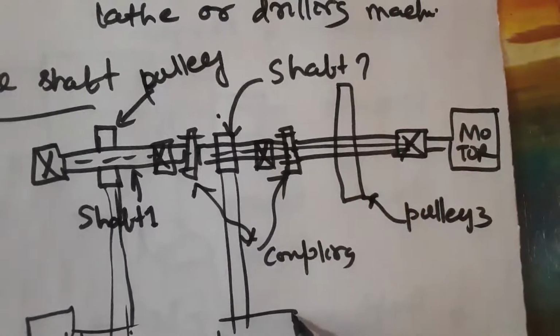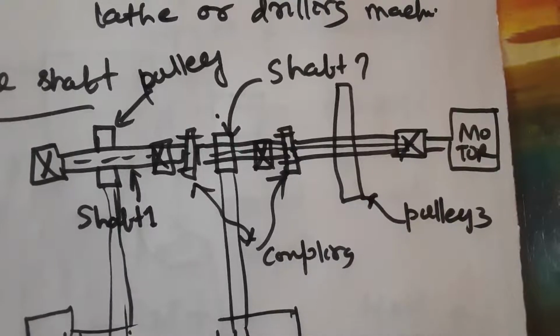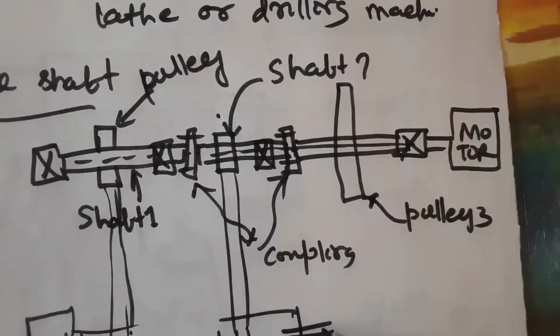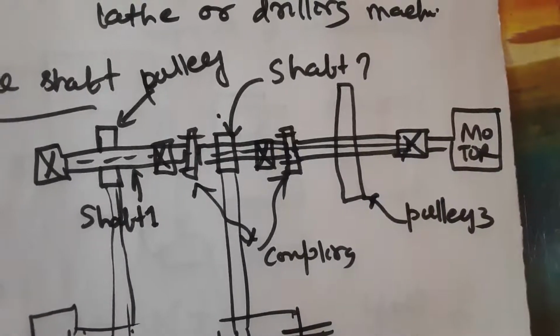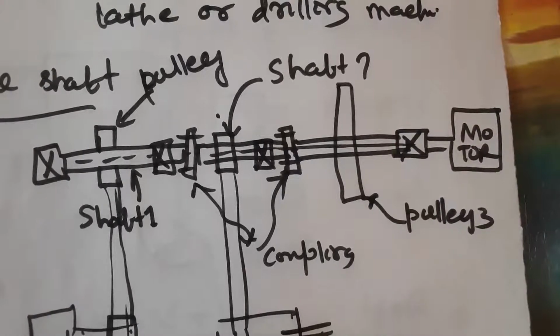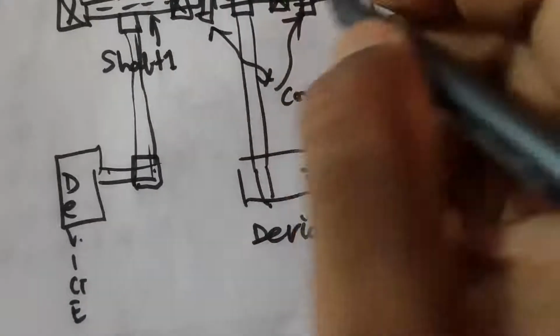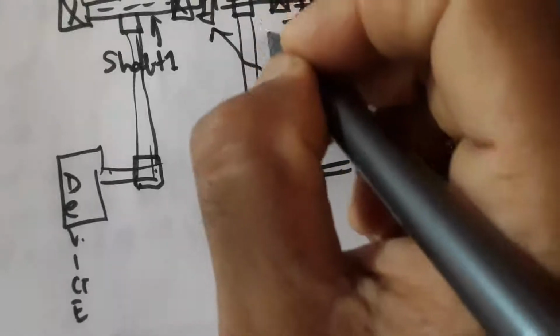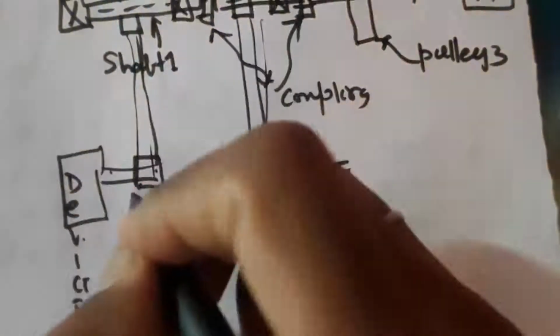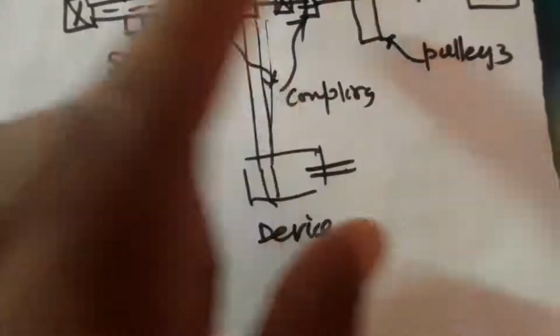Suppose another device is there, a drum, and to that something is attached, and it is actually a device. This is another device, this is another device, and the power is transmitted from the motor to each of them, and they will have different pulley diameters.